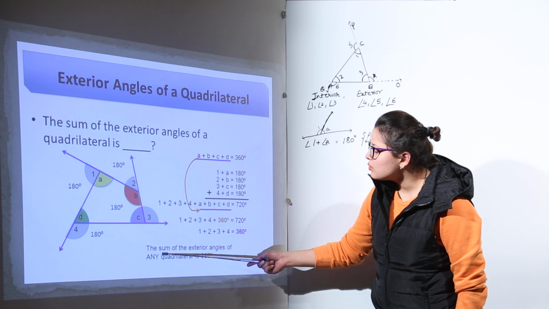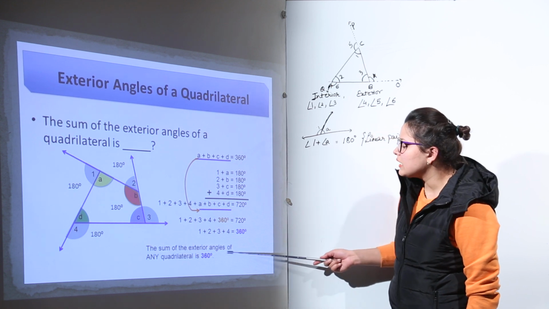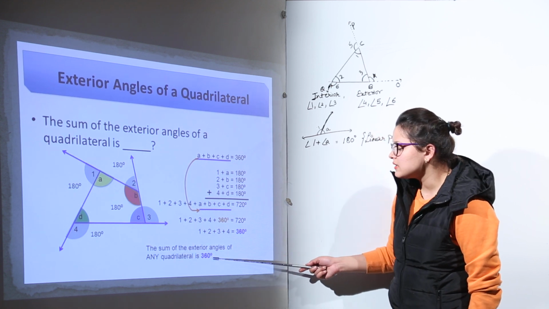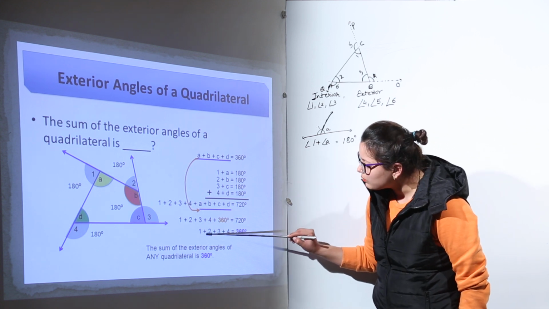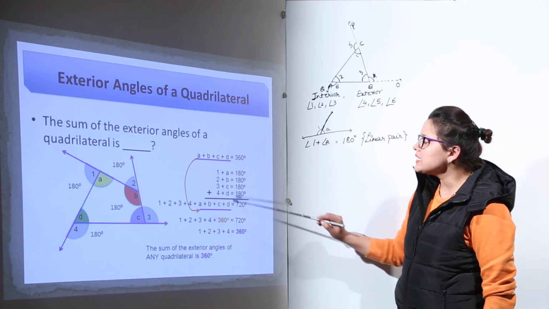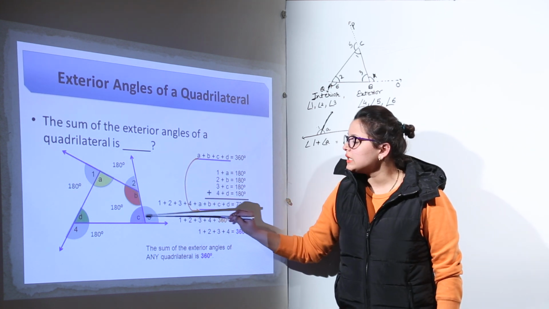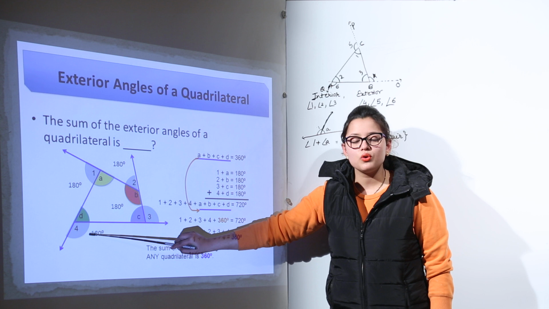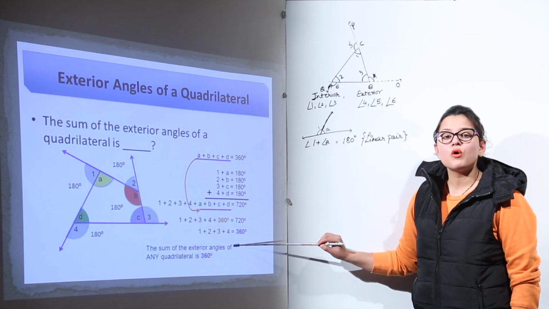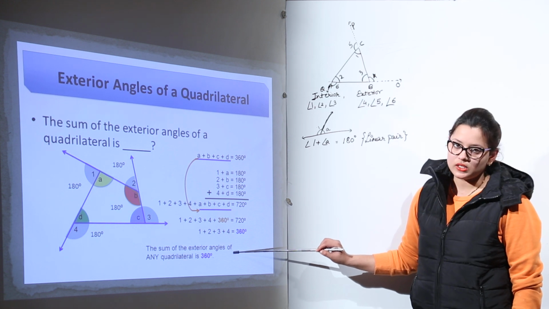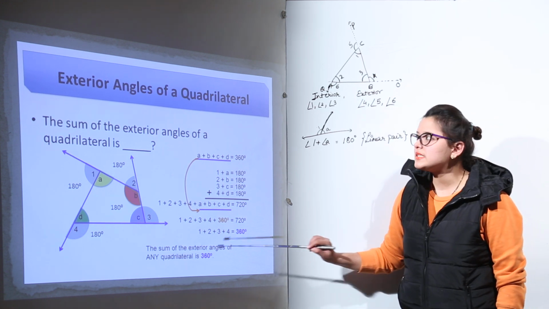And here we get the sum of exterior angles of any quadrilateral as 360. Why 360? Because here we have already got 1 plus 2 plus 3 plus 4. Since 1, 2, 3 and 4 are the exterior angles of a quadrilateral, the sum of 1, 2, 3, 4 will be called the sum of exterior angles of a quadrilateral. That will be equal to 360 degrees.